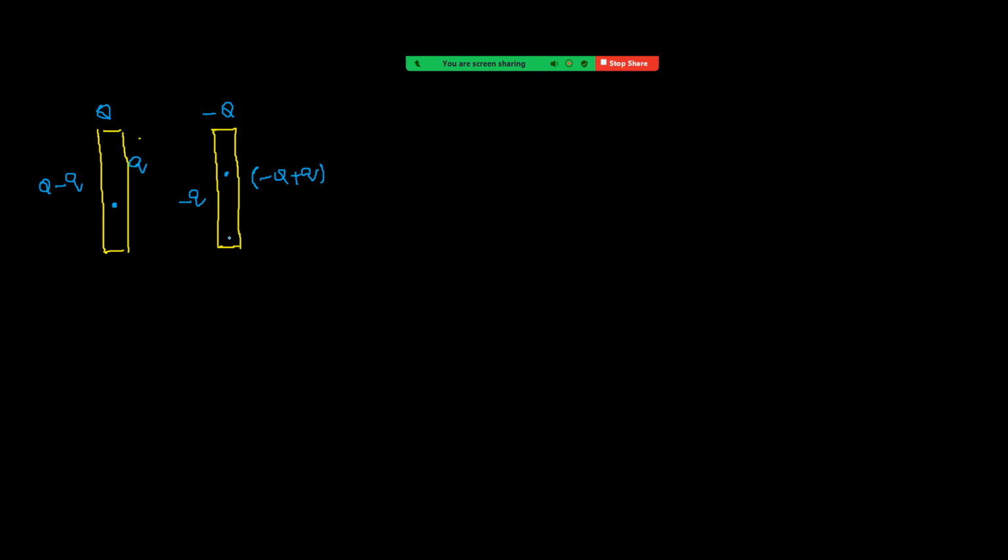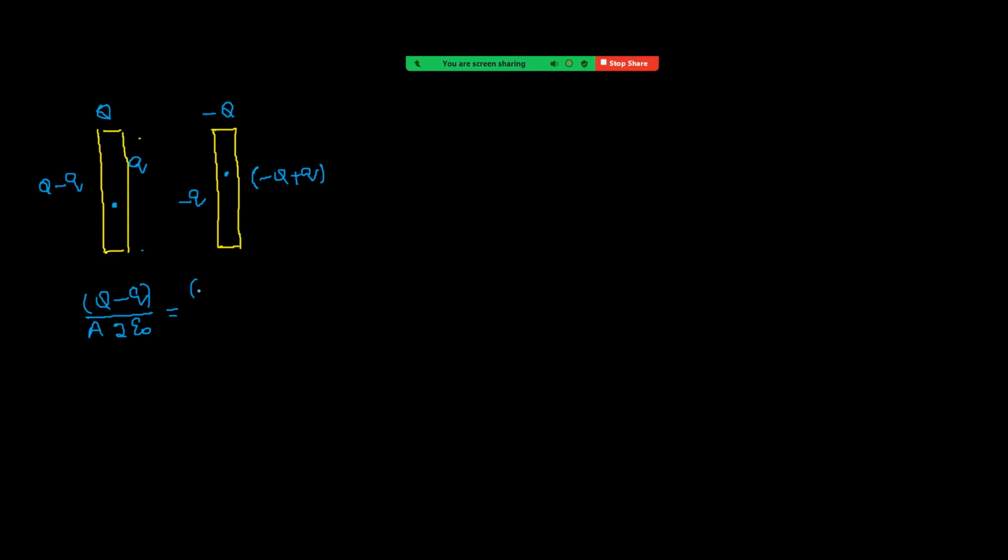And here we are taking separation is small compared to their dimensions. Therefore, the field due to this one at this point, see how much? Q minus q. If one face area is A, Q minus q by A gives sigma, so sigma by 2 epsilon naught. This field should be balanced by the field due to this charge.